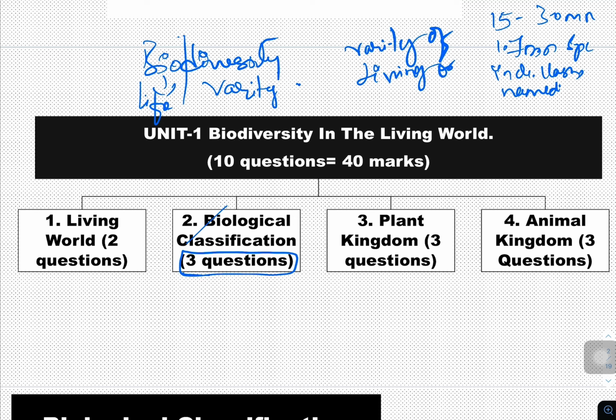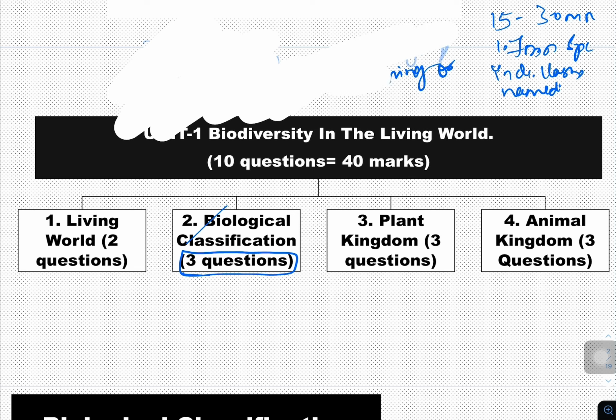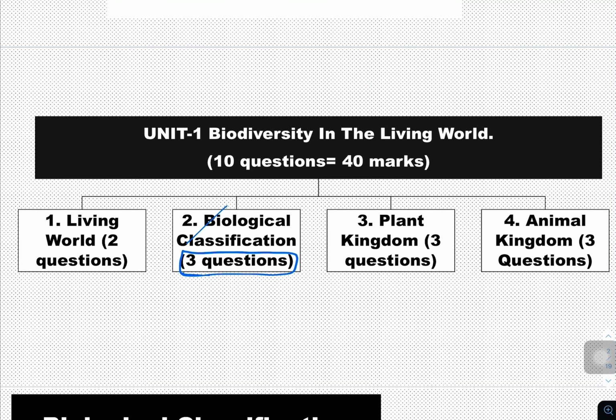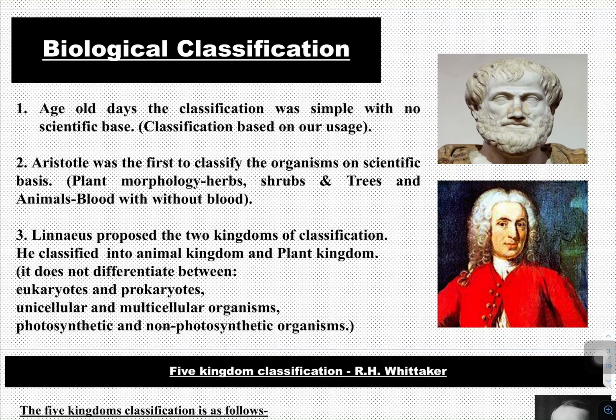So depending upon certain features of an organism, classification has been done. But when the classification first began, when the scientists first started to classify, they did not consider any scientific basis. They just started to classify organisms based upon very primitive characters, like how they are useful to man.